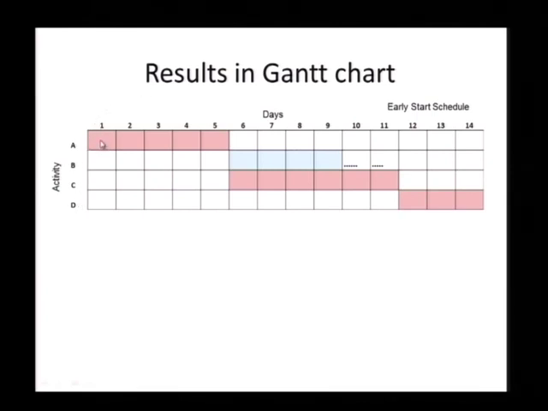Okay, activity A takes 5 days, you can see it's start of the first day to end of the 5th day. Okay, activity B, it's in light blue here, it starts activity B and C. Now you can't see the relationship logic here, but because we have got the results out of the CPM, we can put it into the bar chart, and here's B starting at the beginning of the 6th day, ending end of the 9th, as it's put there.